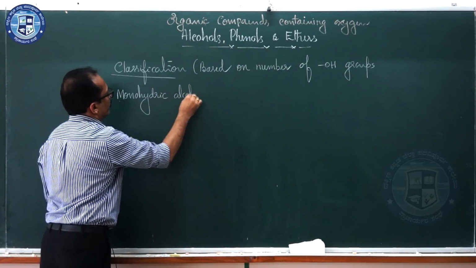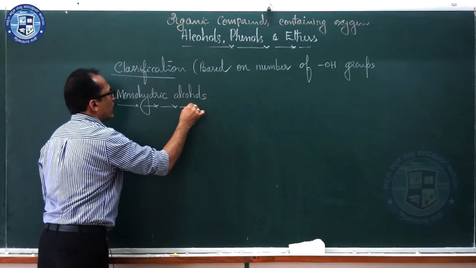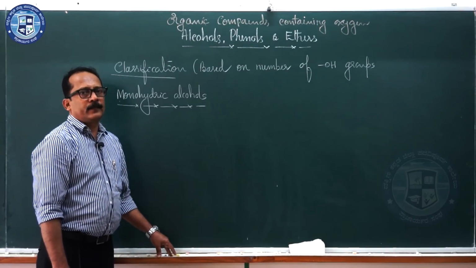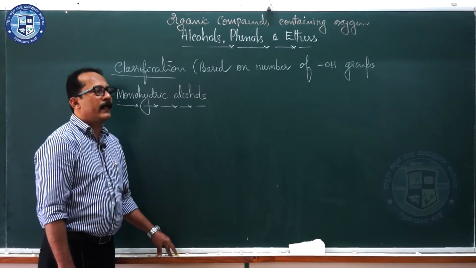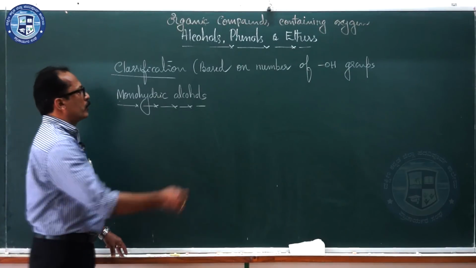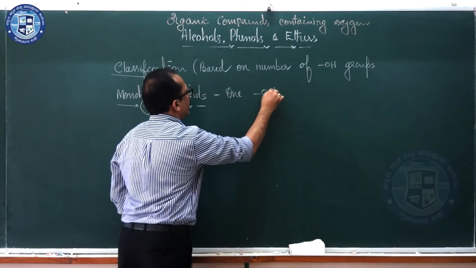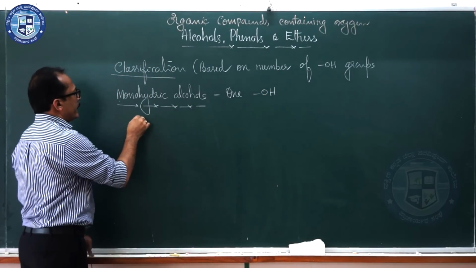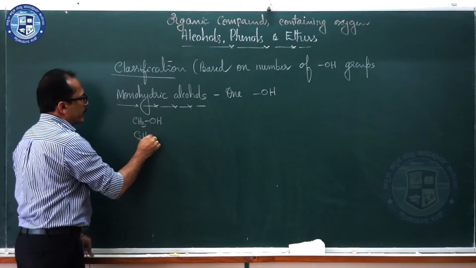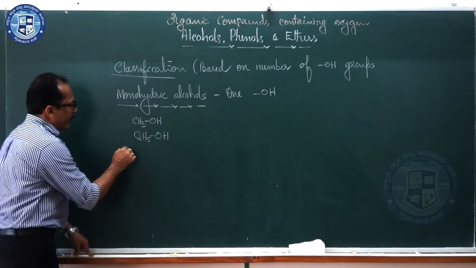As the name indicates, these are the alcohols which contain one OH group in their molecule. Such alcohols are called monohydric alcohols. Examples: methyl alcohol, CH3OH, and ethyl alcohol, C2H5OH.